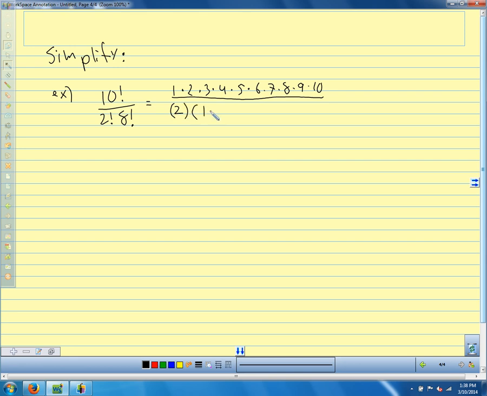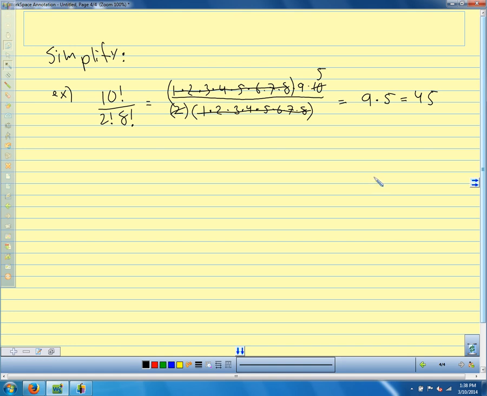And 8 factorial is 1 times 2 times 3 times 4 all the way up to 8. So what can I do here? Cross out 1 through 8. This whole thing divided by this whole thing is just 1. The 2 I can divide into the 10 and make that 5. And we get 9 times 5, which is 45.